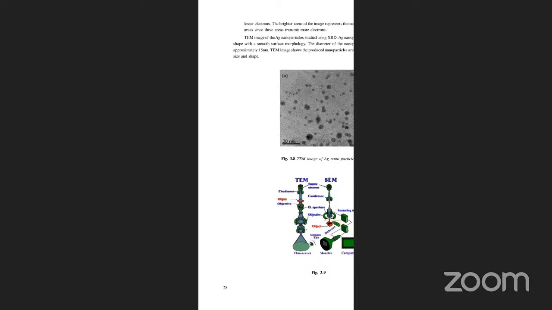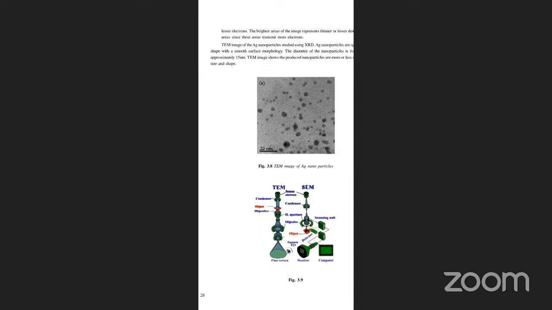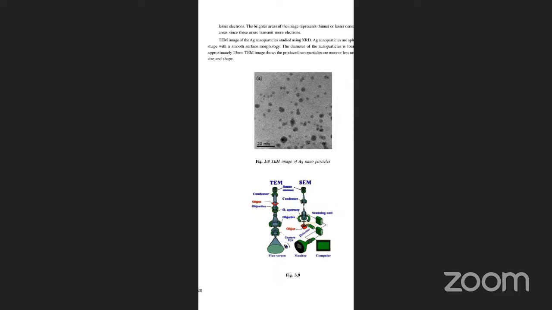TEM image of the aging nanoparticles, read with XRD. The nanoparticles are spherical in shape with a smooth surface morphology. The diameter of the nanoparticles is found to be approximately 50 nanometers. The TEM image shows the produced nanoparticles are more or less uniform in size and shape.